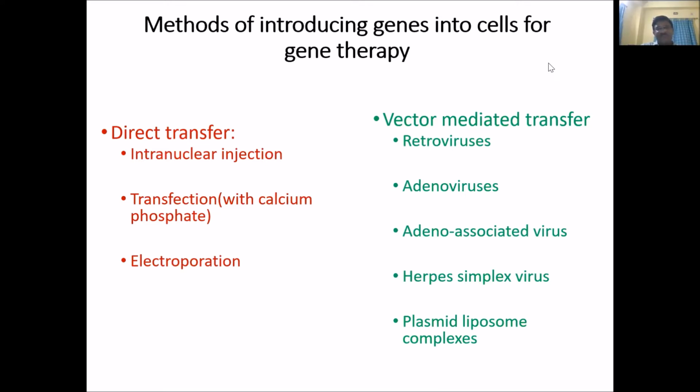So direct transfer means either you inject directly them into the nucleus, that is by the method of intranuclear injection, transfect the nucleus with some chemicals like calcium phosphate, or use electricity to simply cause electroporation. On the other hand, the vector-mediated transfer, they can use several viruses like adeno associated, herpes simplex, and some plasmids.